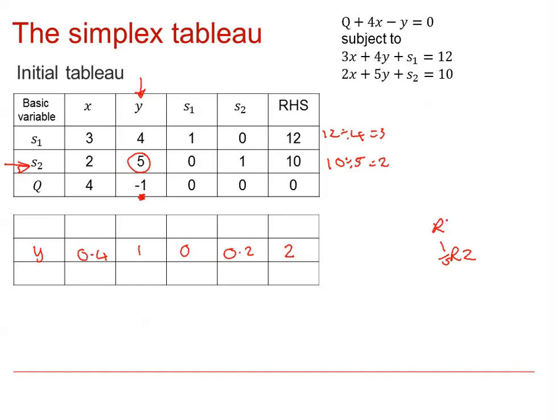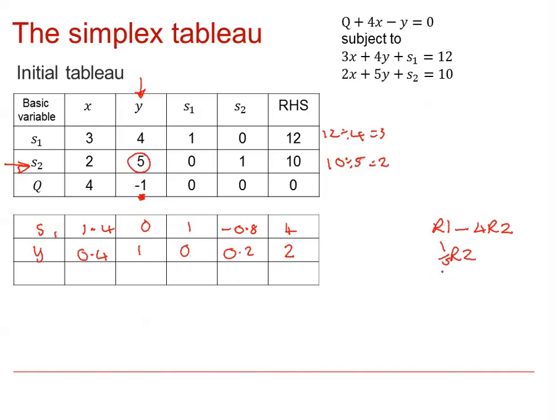So we take row 1 and we subtract 4 lots of the new row 2 from it. And we get 1.4, 0, 1, negative 0.8 and 4, with our basic variable still being S1.